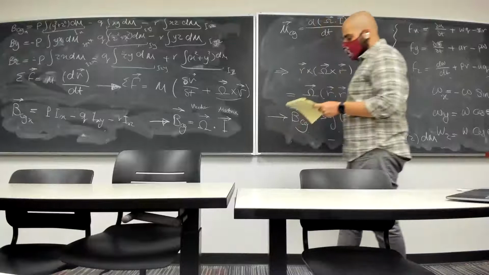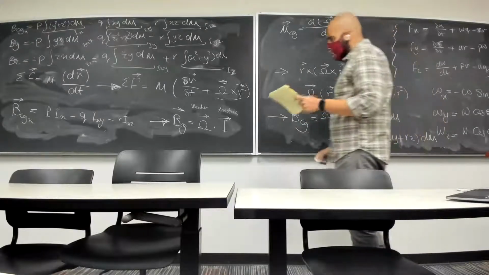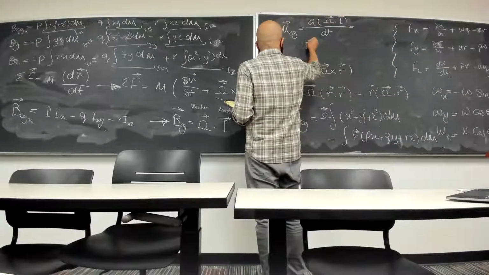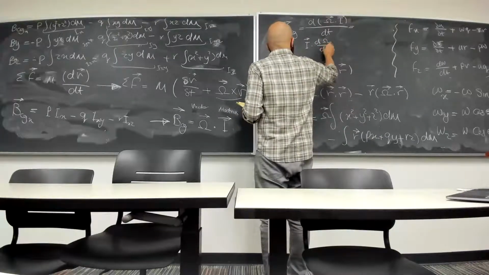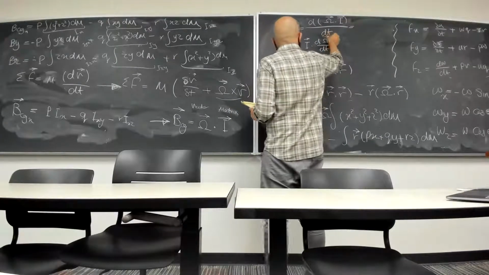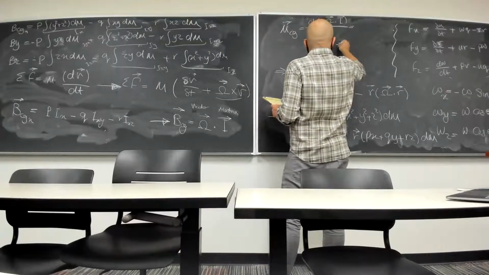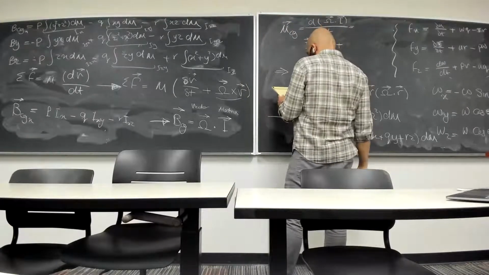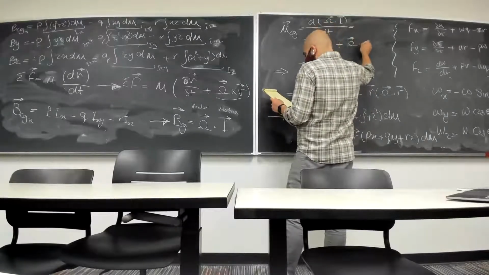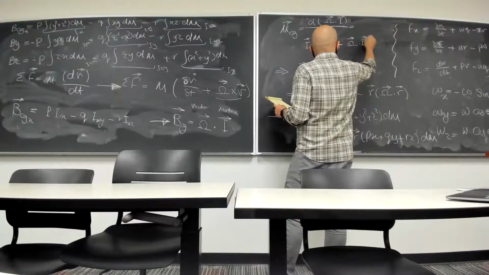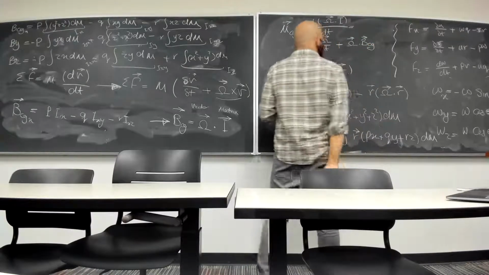And we can actually prove that this is equal to I dot d omega dt plus omega cross BCG.